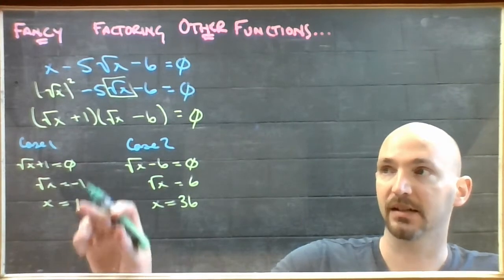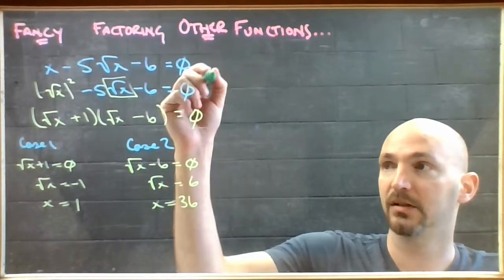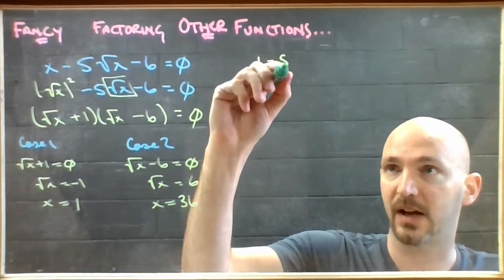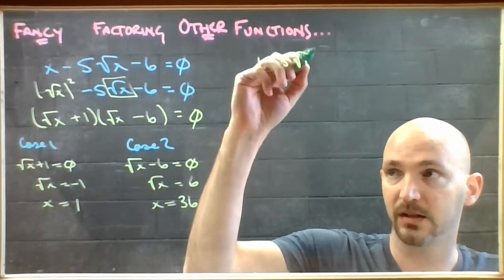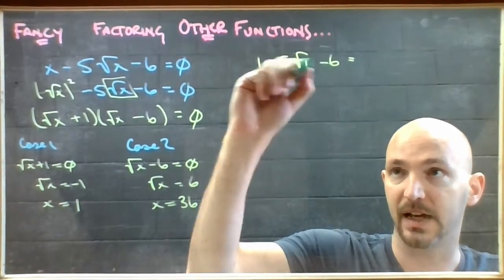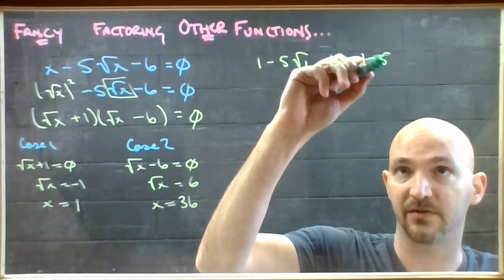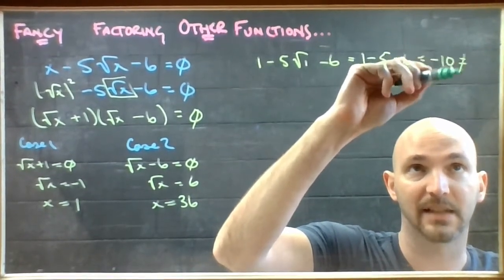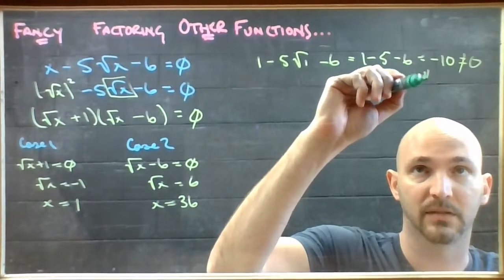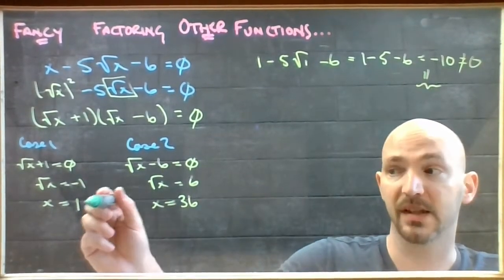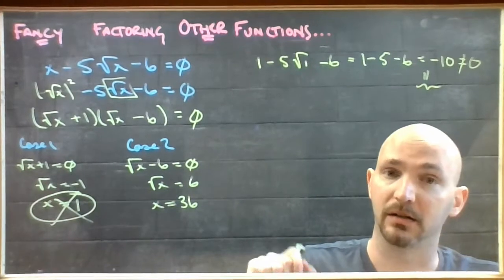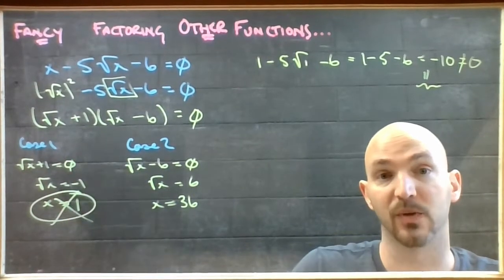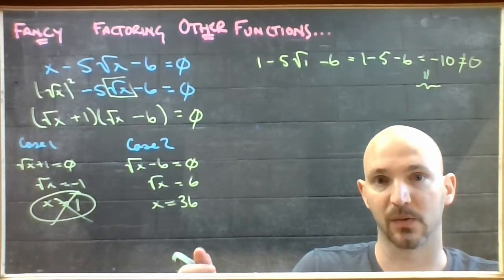So using x equals 1 in my original function, 1 minus 5 times the square root of 1 minus 6. Well, that is 1 minus 5 minus 6, which is negative 10, which is not 0. Grouchy face. So this solution here didn't work because that negative was eliminated in the process of squaring.